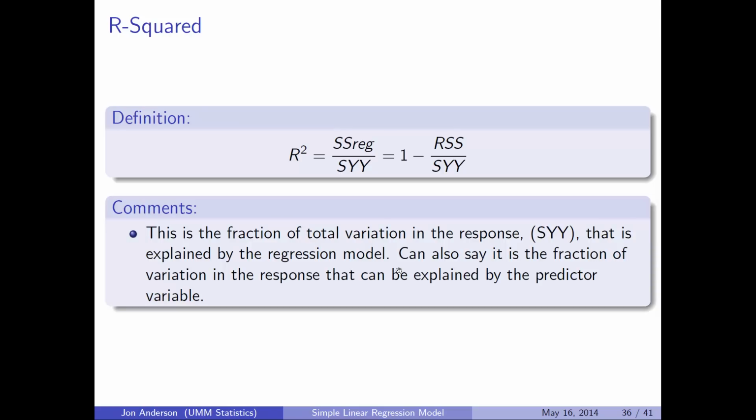And from these parts of variation you can make a quantity called R squared. It's just the variation due to the model divided by the total variation. The way we would interpret this is that it's the fraction of total variation in the response that's explained by the regression model or the predictor.